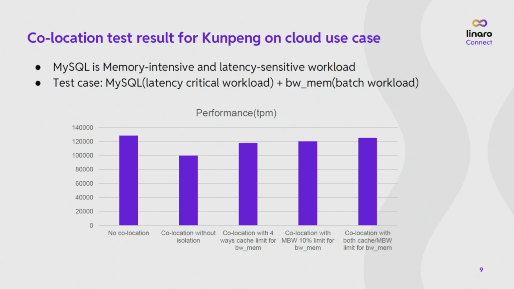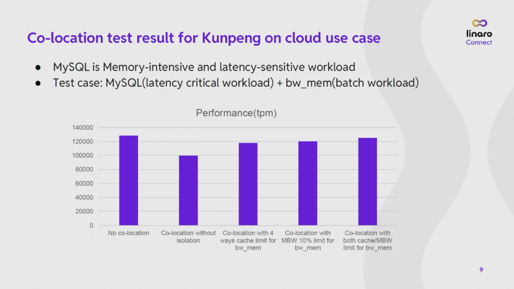Here's the performance, the transactions per minute. With co-location, the performance is here, right? Then we add the BW memory as neighbor noise. We can see that the performance drop is more than 20%.